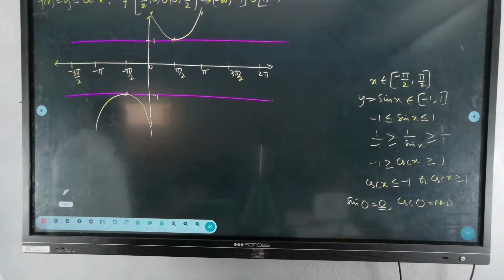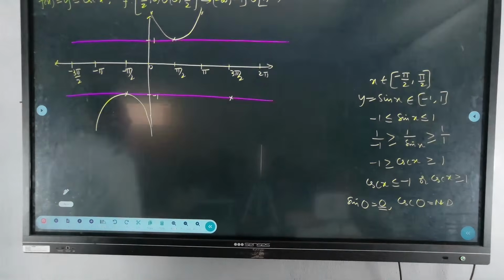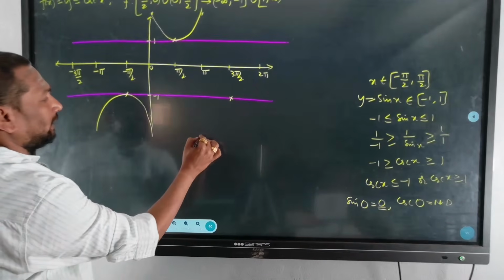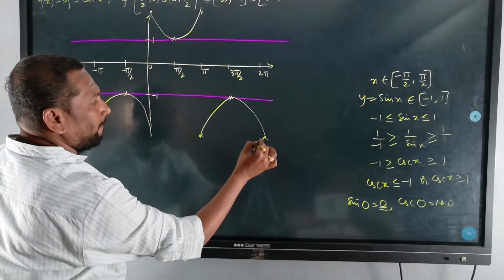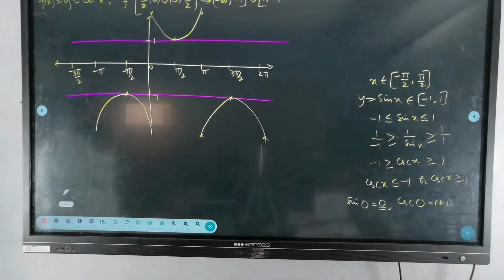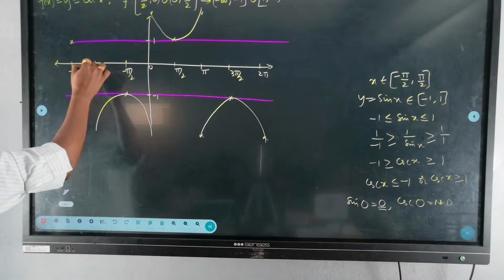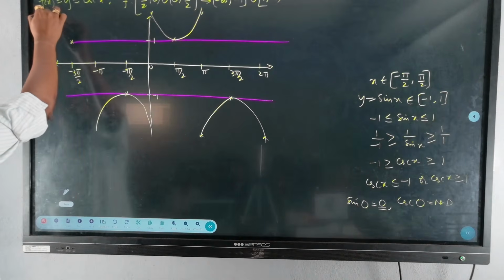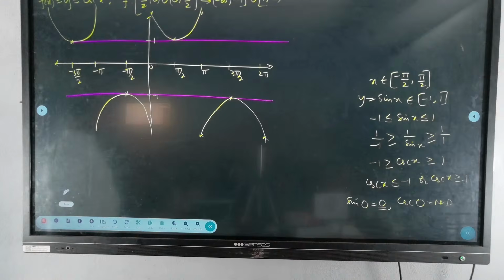Right. What about 270? Minus 1. Okay. What about 180? What about 360? Right? What about minus 270? What about 180? Undefined. So this is the cosecant x graph.